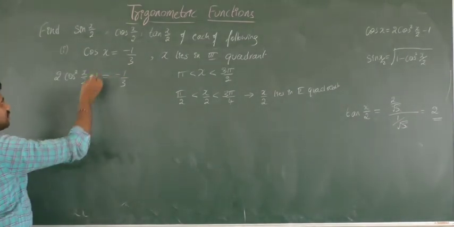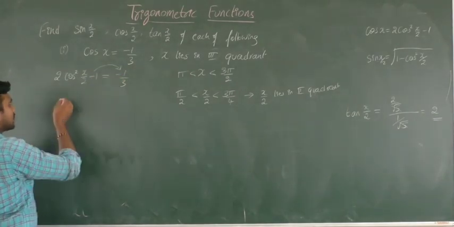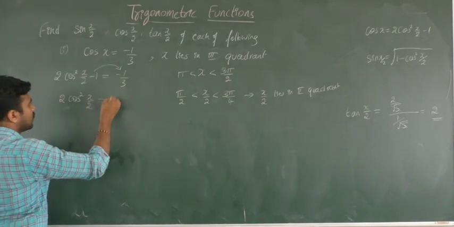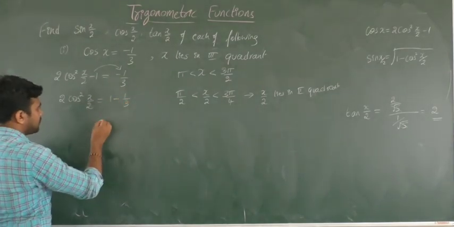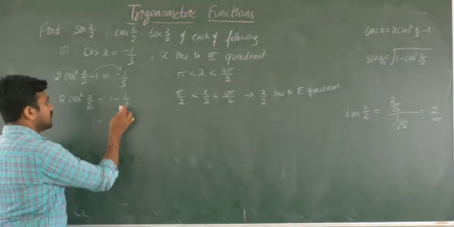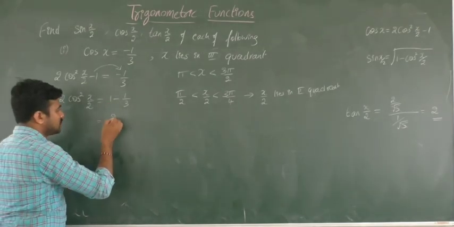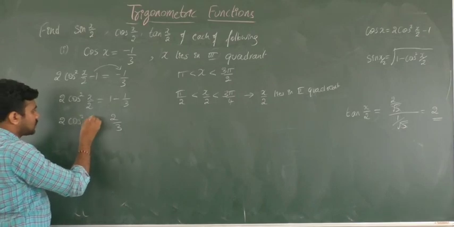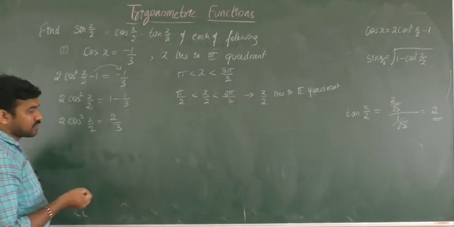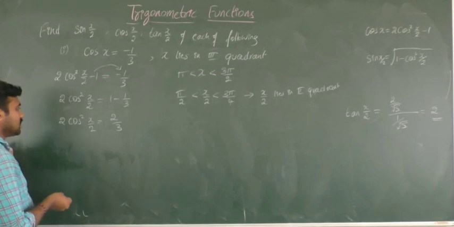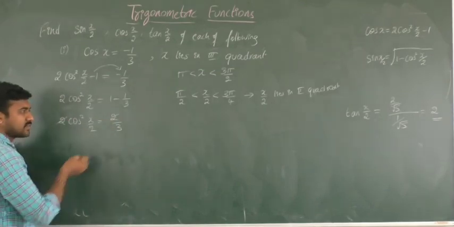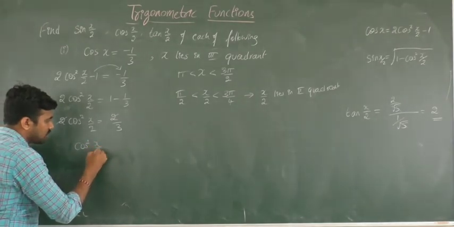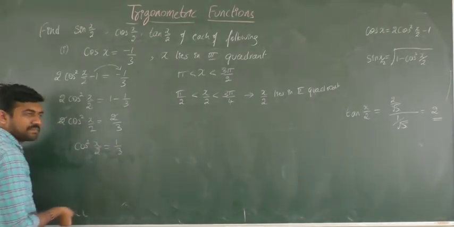Bring this minus 1 to the right hand side, we get 2 cos square x by 2 is equal to 1 minus 1 by 3. Take the LCM, 3 minus 1, 2 by 3. So 2 cos square x by 2 is equal to 2 by 3. The 2s cancel, and we get cos square x by 2 is equal to 1 by 3.